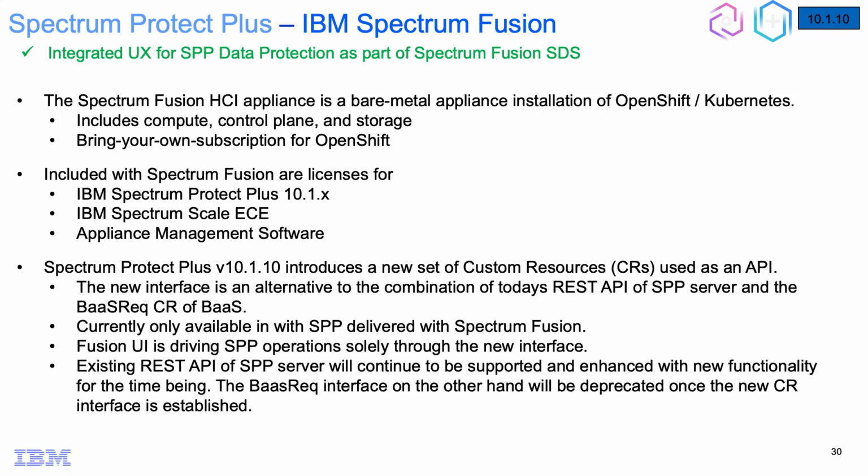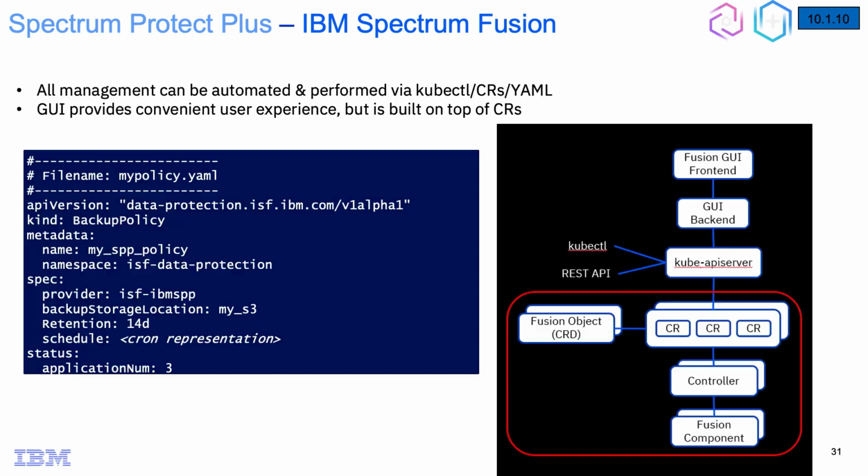So basically, Spectrum Fusion is going to be driving the SPP operations through this new interface. Now, the old interface and the way things used to work is going to continue to exist for the moment, just to support the people who aren't necessarily moving to Spectrum Fusion right away.